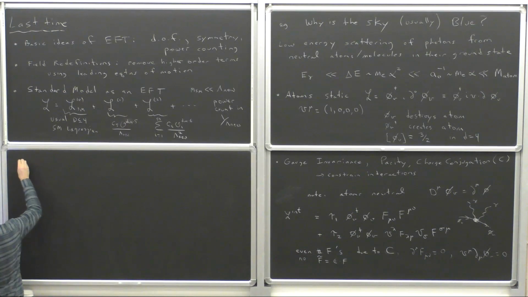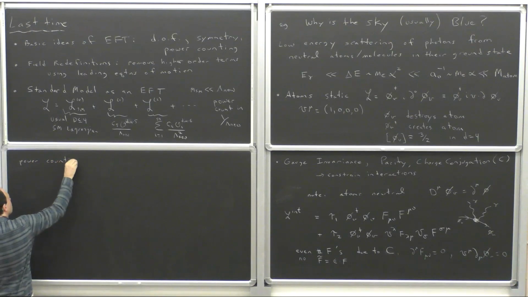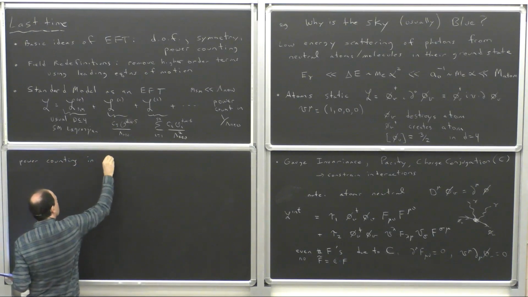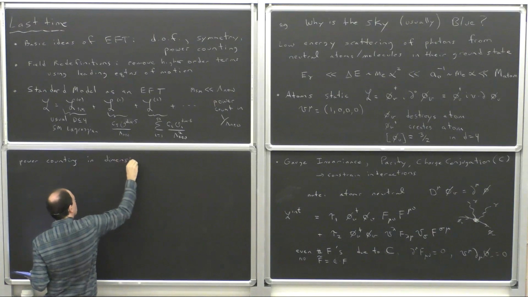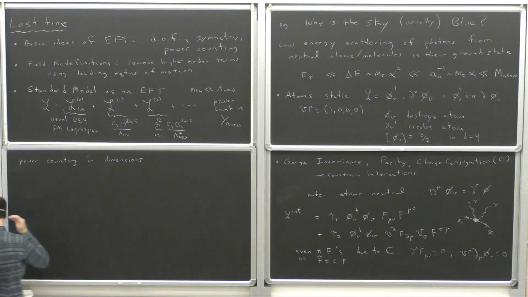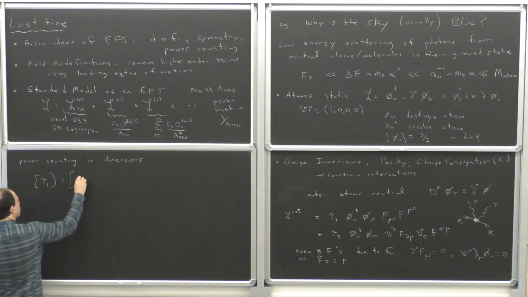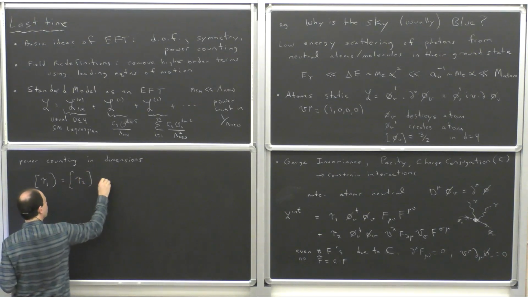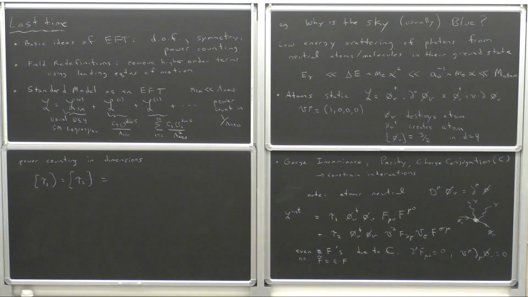So power counting is in dimensions. There's nothing too subtle here, so this is the case. And so we have to ask, what are the dimensions of the taus? Well, the V is dimensionless, so the tau 1 and the tau 2 have the same dimensions. So what are the mass dimensions of these taus?